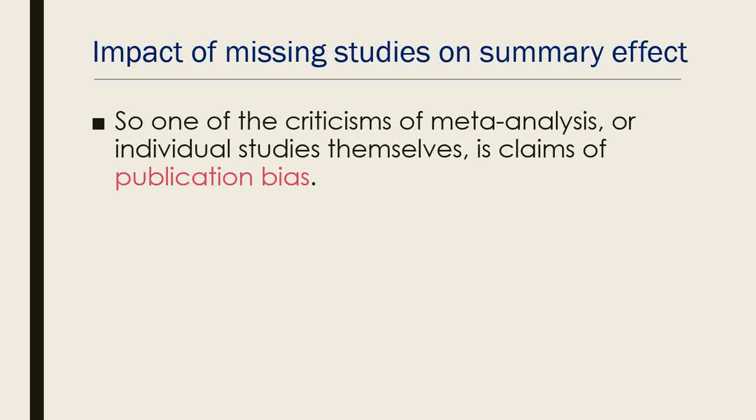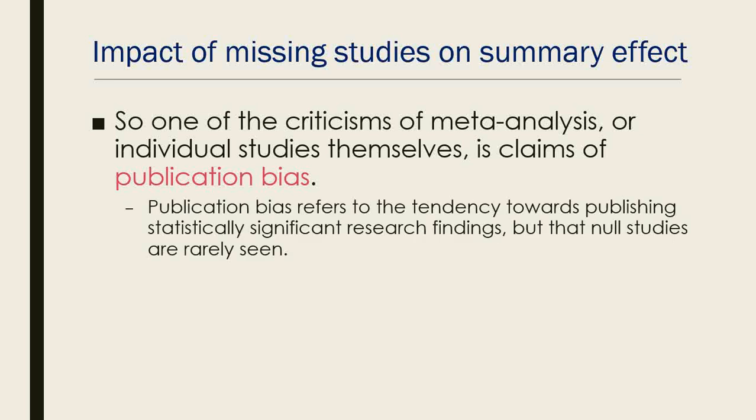And some would suggest this is partly responsible for the replication crisis in psychology, because without the replication being part of the written record, we would never have known that some of these effects just wouldn't hold up. So publication bias refers to the tendency towards publishing statistically significant research findings, but they argued that null studies are rarely seen.